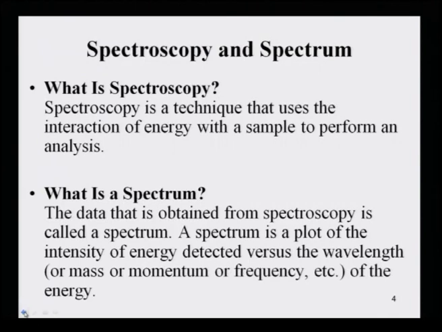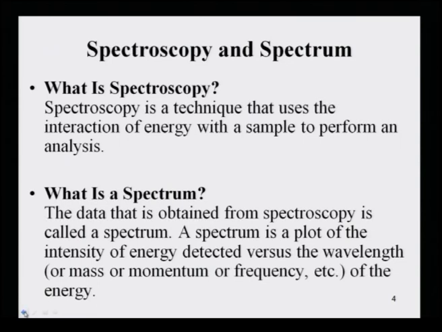Now, what is meant by the term spectroscopy and what is a spectrum? It should be clearly understood. Spectroscopy is a technique that uses the interaction of energy with a sample to perform the analysis. The technique is called spectroscopy, and the data obtained from spectroscopy is called a spectrum.